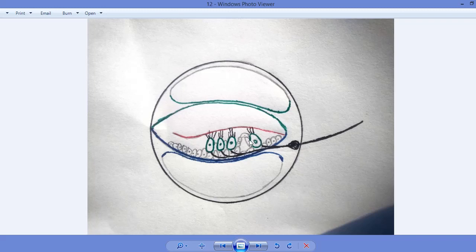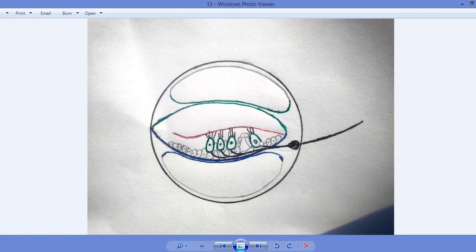The inner hair cell has only one row. As I have drawn one hair cell over here, it means the whole length contains only one row of cells. This is the inner hair cell. And these are the outer hair cells, which have three rows of hair cells, and each of these hair cells contains up to 100 stereocilia.